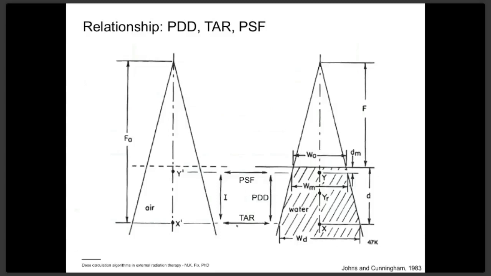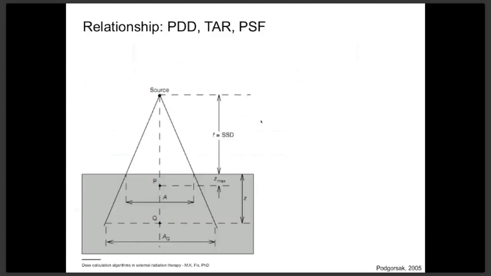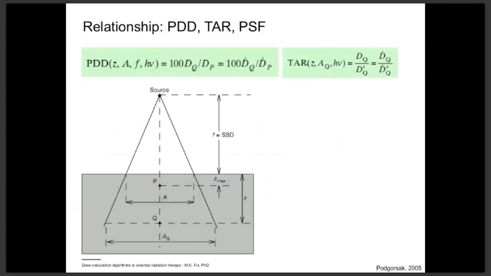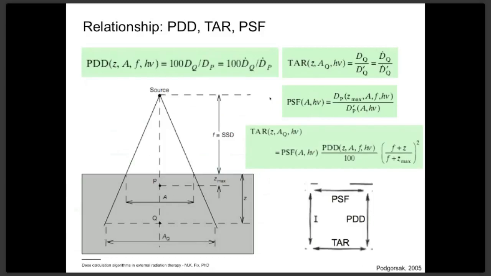So those four are related to each other, and if you have three, you can determine the fourth out of them, and this is shown in this slide. You have the PDD linking these two, and you have the tissue air ratio and the peak scatter factor, and now you can do a little math and get all together and link the tissue air ratio with the peak scatter factor, with the PDD and the inverse square law.